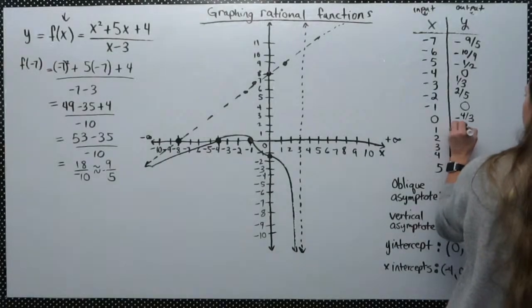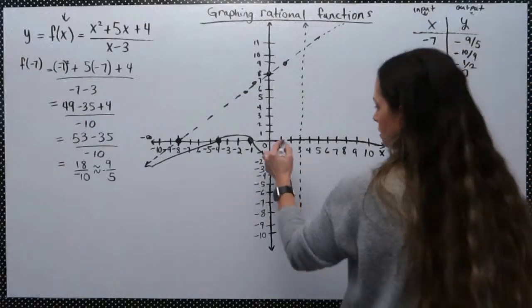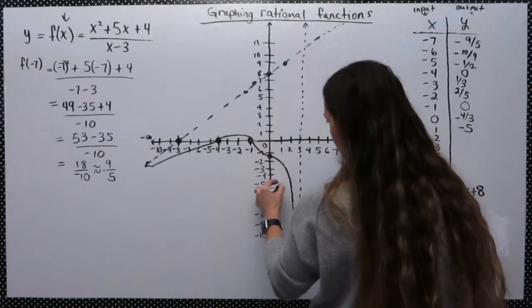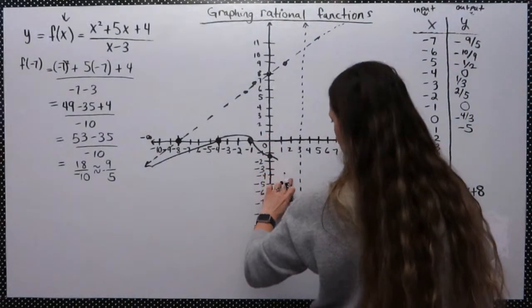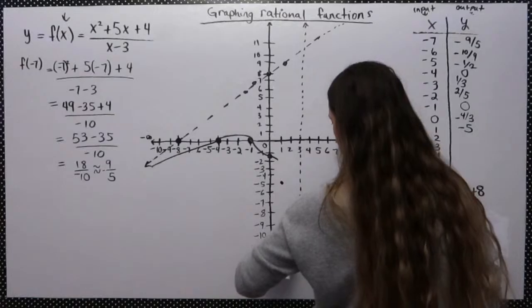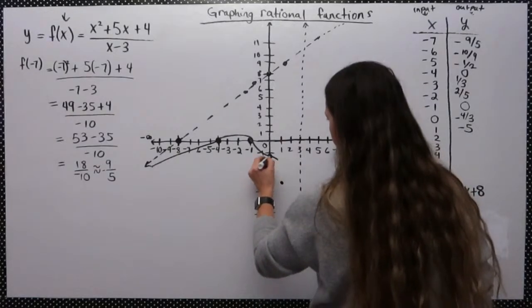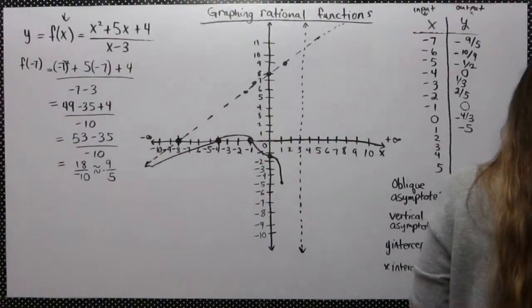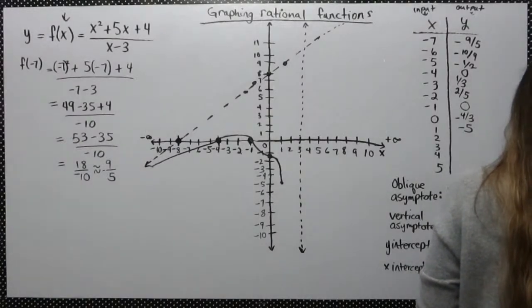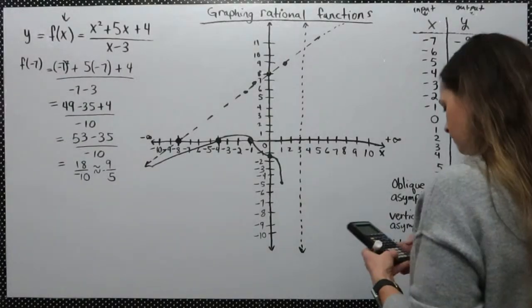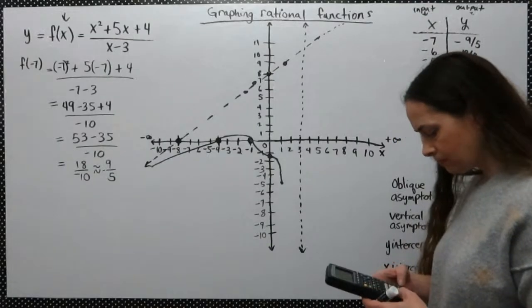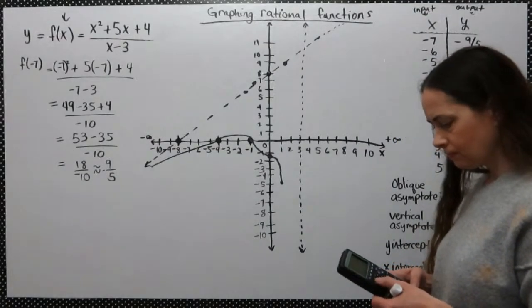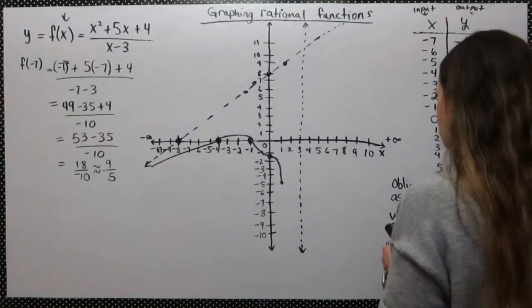-5. So at 1, we're at -5 here. So I was really close, not quite on this one. And then 2 gives -18.